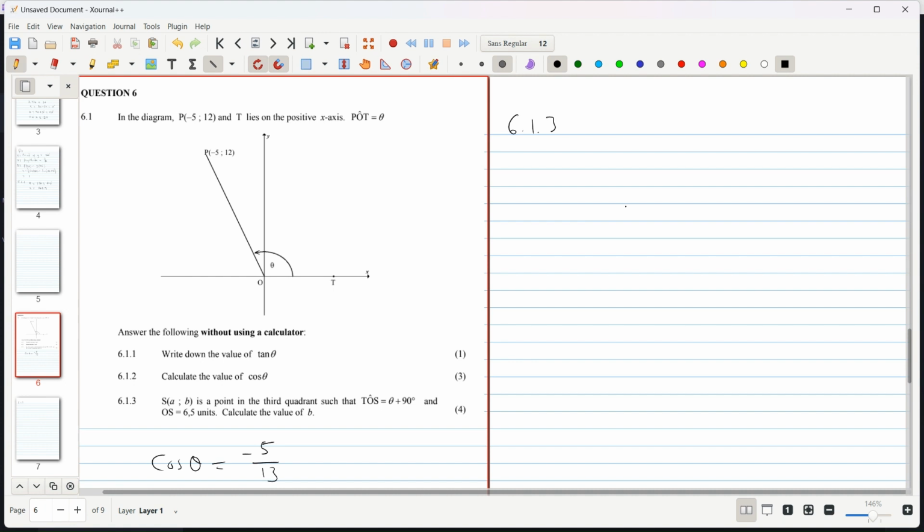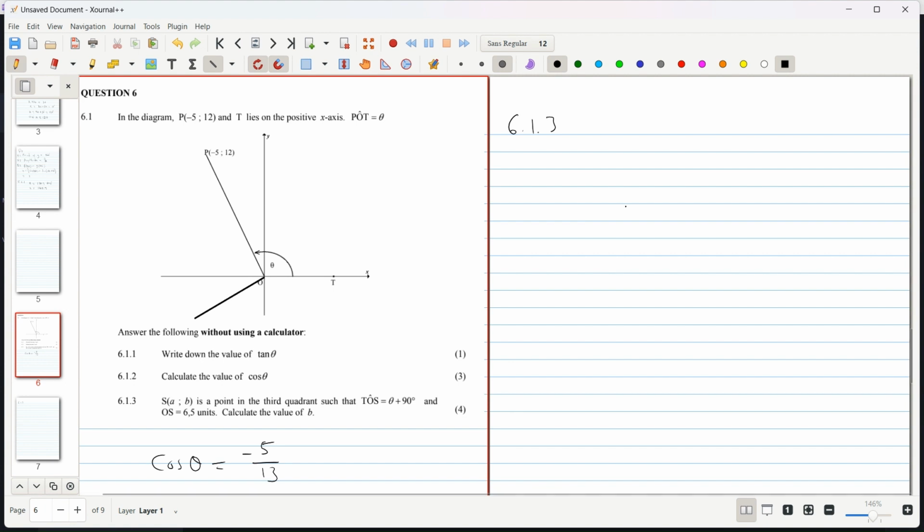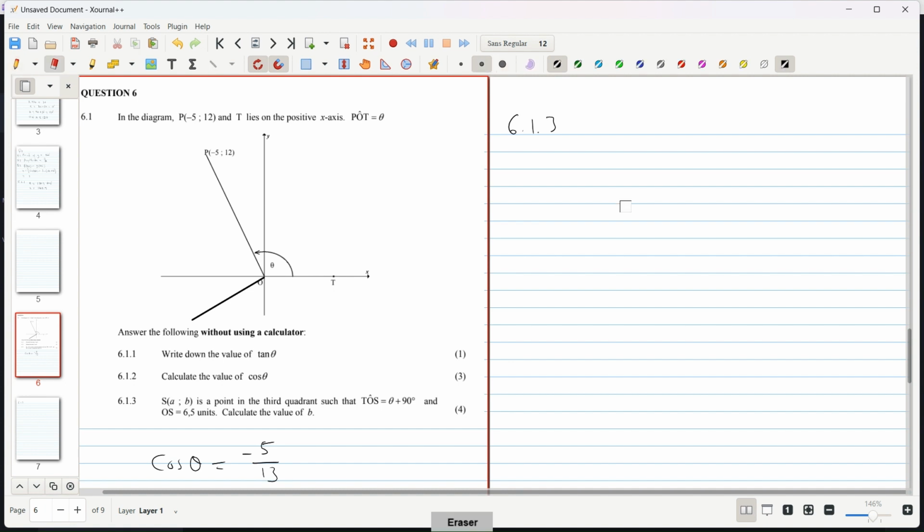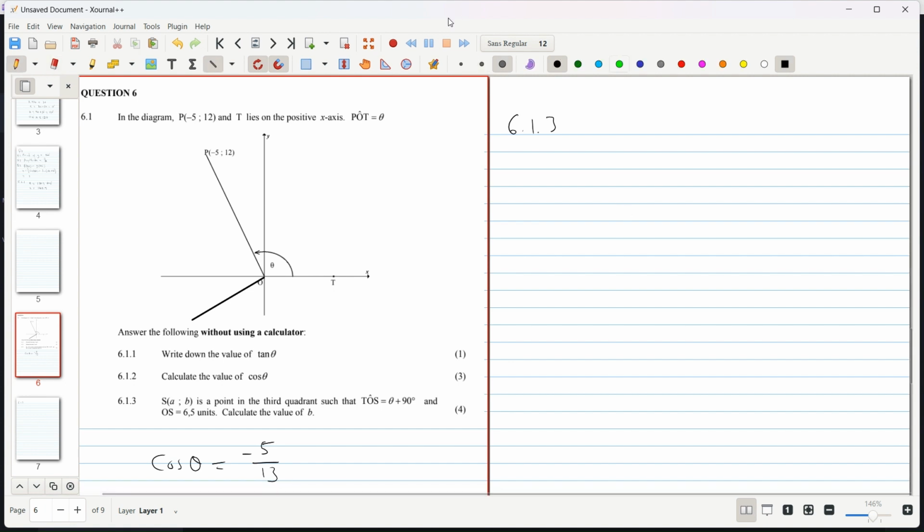So let's add the point. Let's put a point here, S, because we are told that the new point in the third quadrant is S. So let's put S here.